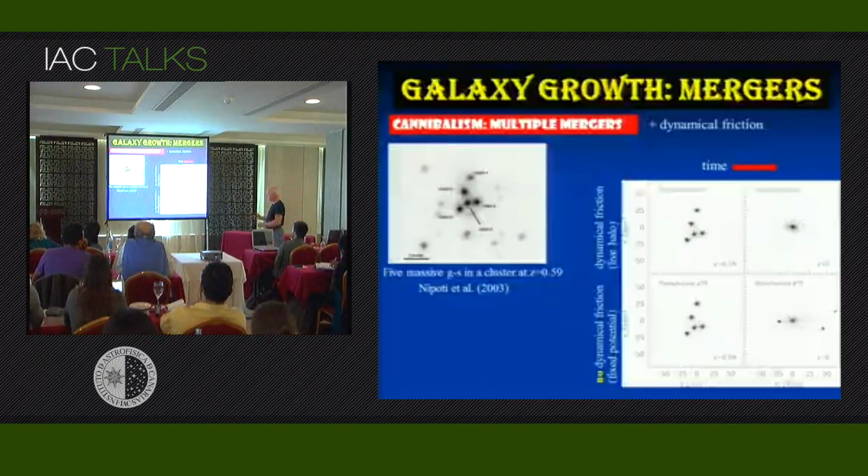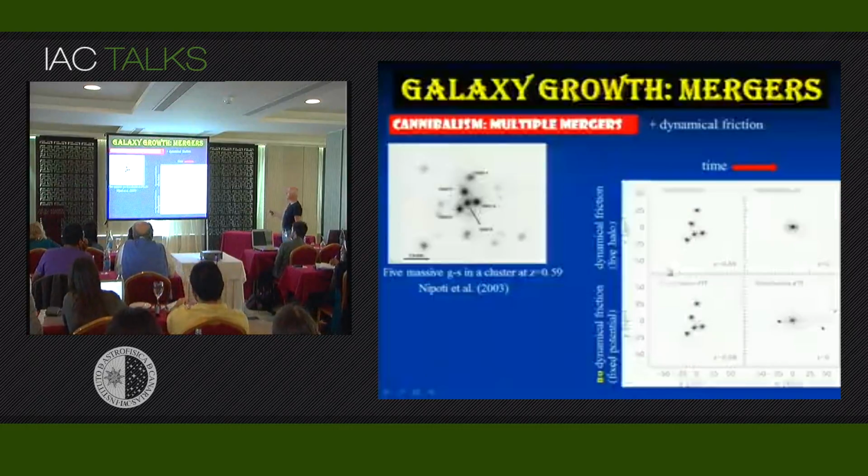Here is an important point, which I accidentally found in this paper. I was not aware of it before. These are, of course, observations of five massive galaxies in a cluster around redshift 0.6.